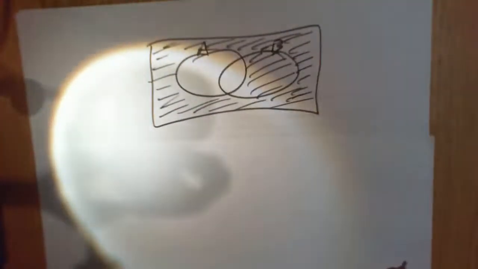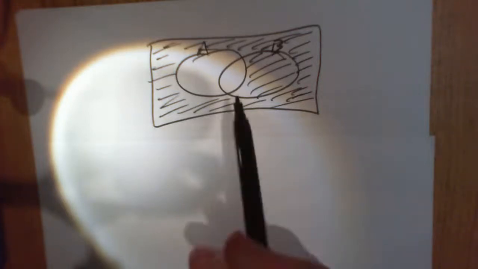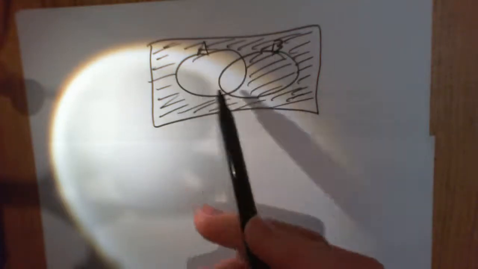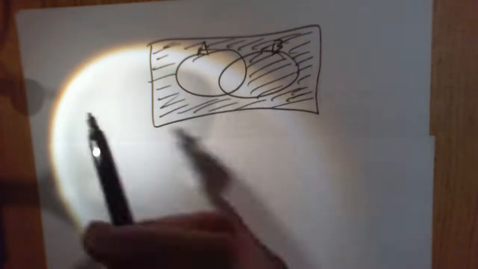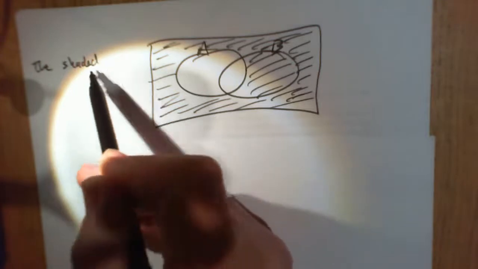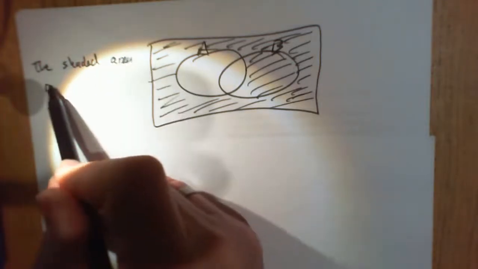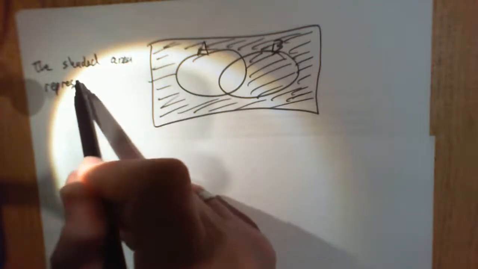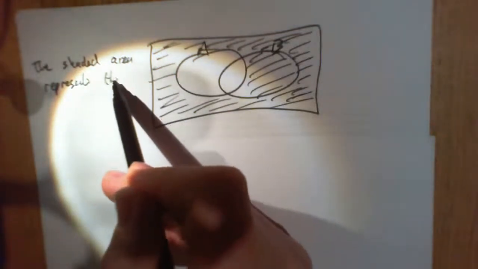Now, what about this one? So I've shaded in everything except A. So the shaded area represents the set.